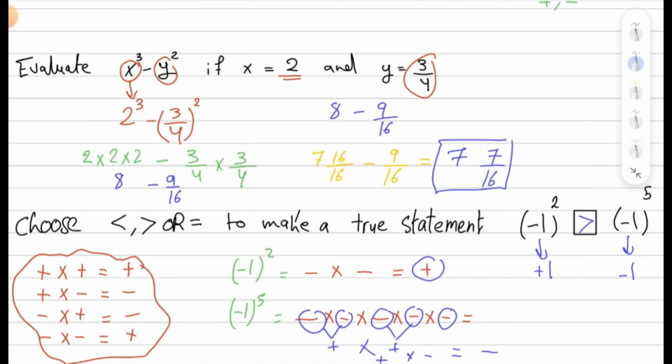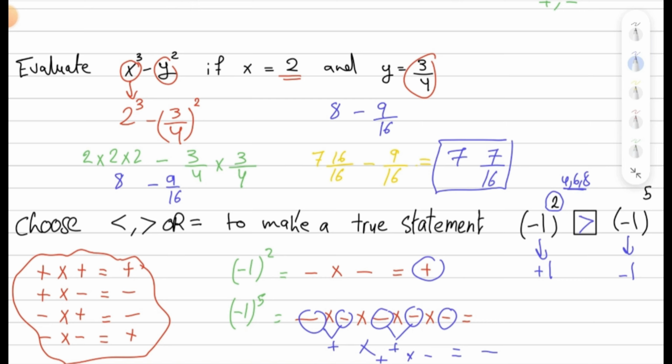What you have to understand in this question is that if the exponent is an even number, like 2 or 4 or 6 or 8, and the base is a negative number, the even exponent will remove the negative sign, because we have pairs of negative signs.